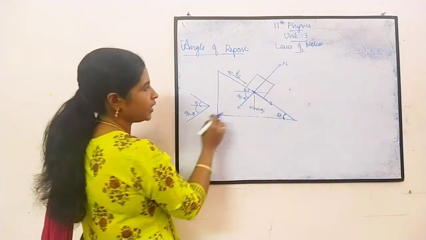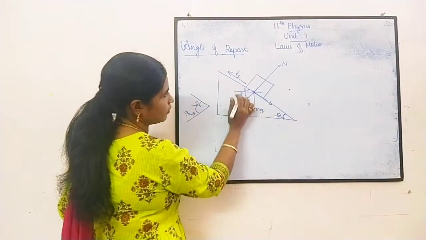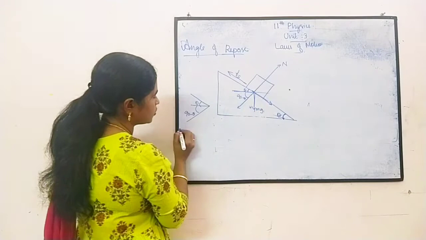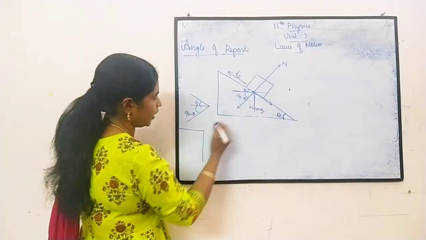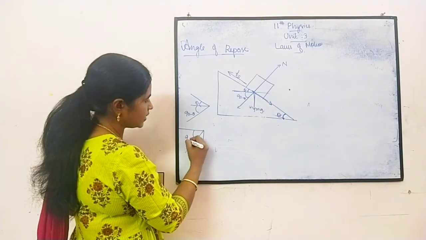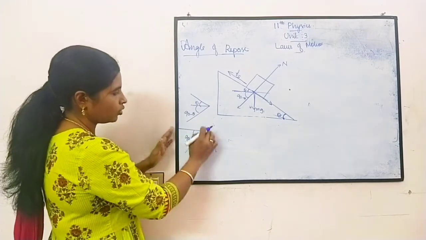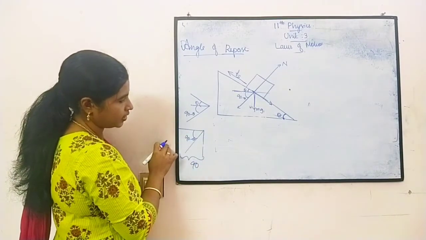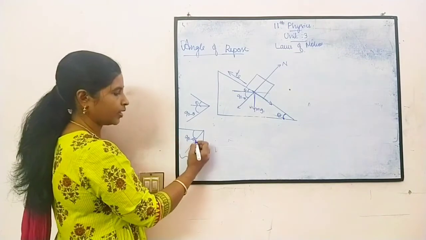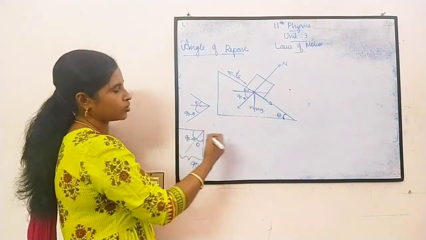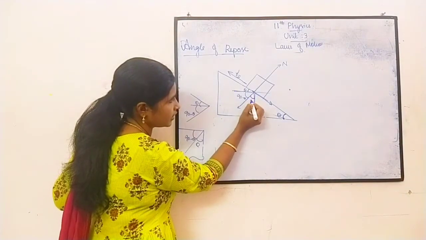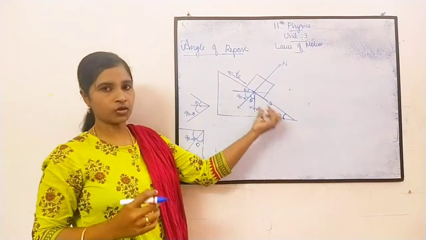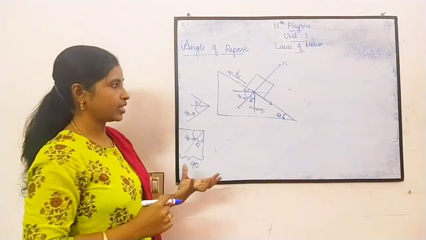Similarly, now consider this one. If this angle is 90 minus theta, and the total is 90, then 90 minus (90 minus theta) is theta. So this angle is theta. I am trying to show how theta comes here.